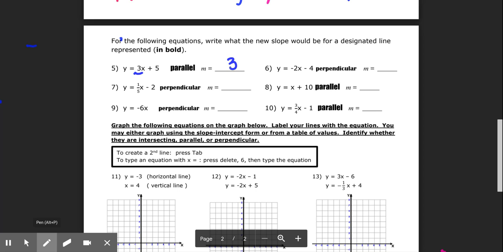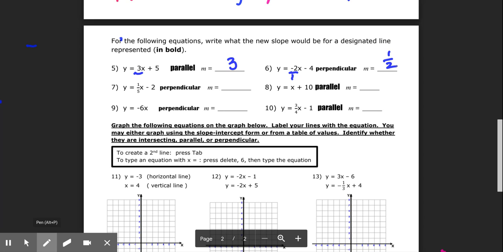They need to be the same slope in order for the lines to be parallel. Problem 6, we want it perpendicular. So remember, that's negative 2 over 1. Perpendicular is opposite signs, so instead of a negative, we're going to be a positive, and then we're going to flip that. So 2 over 1 would become 1 over 2.